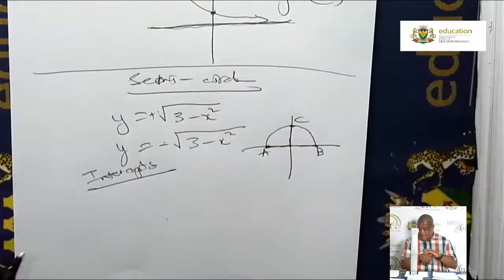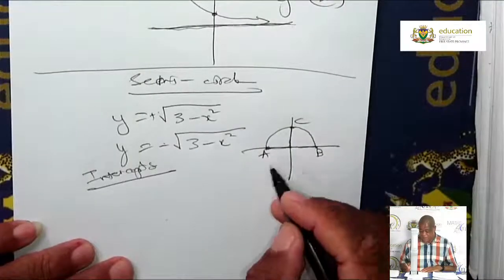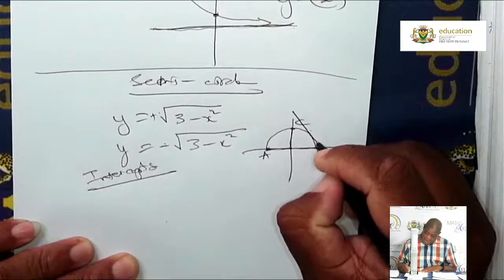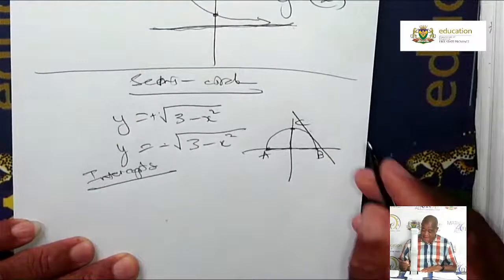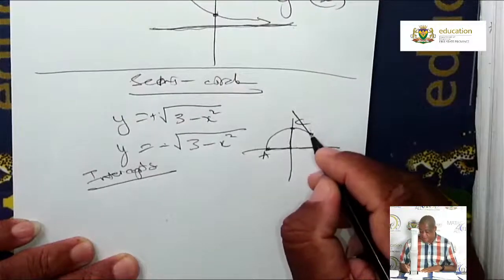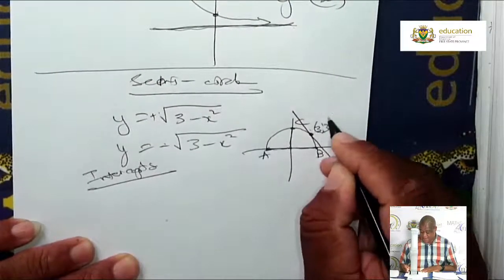And at some point, the examiner can be clever. On this same graph of the semicircle, the examiner can draw a straight line. And after drawing the straight line, the examiner can put a point there and say this point has coordinates (3, 3).